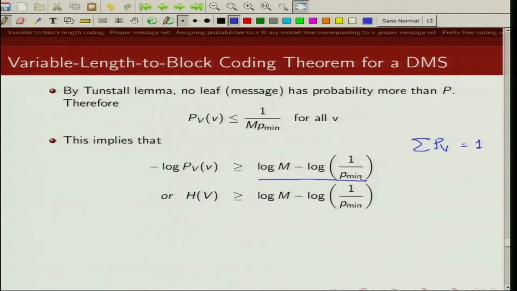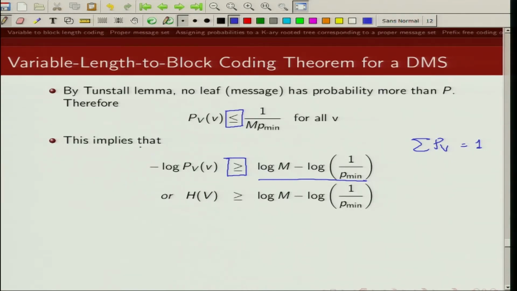We take the log of this, this will be minus log of m plus log of 1 by P min, and if I multiply by minus, the less than or equal to becomes greater than or equal to, and minus log m becomes log m, and this becomes minus log of 1 by P min.